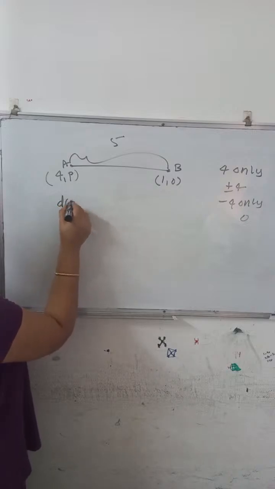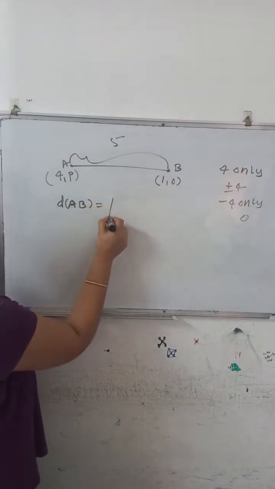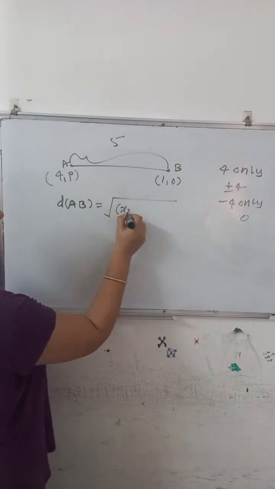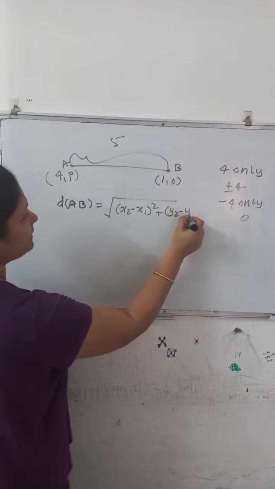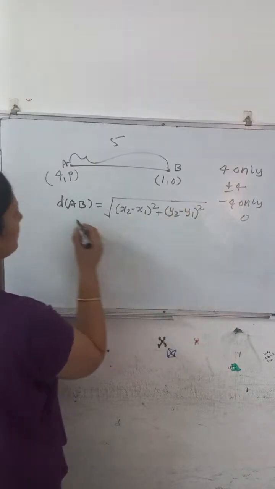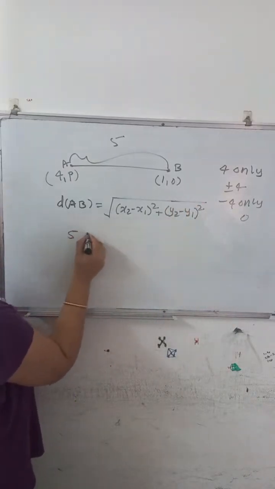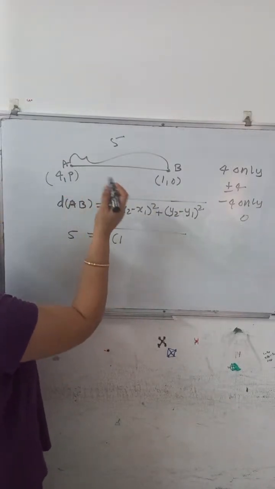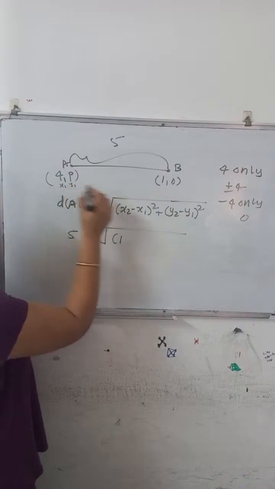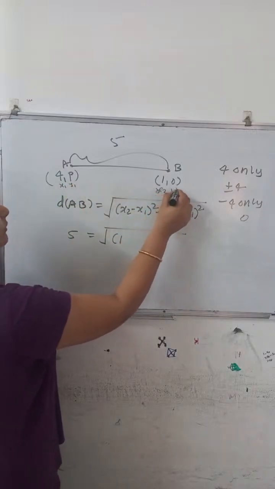Distance of AB is nothing but square root of x2 minus x1 square plus y2 minus y1 square. Distance of AB is nothing but 5. Now, if you are not able to do it, then take this as x1 y1 and this as x2 y2.